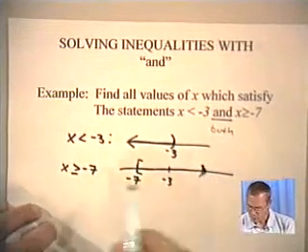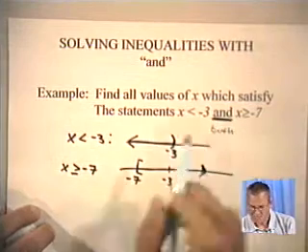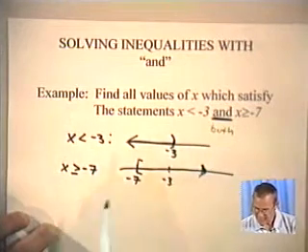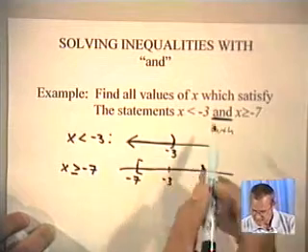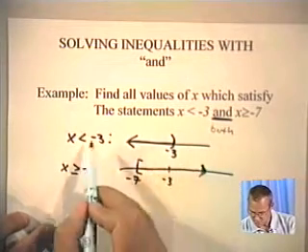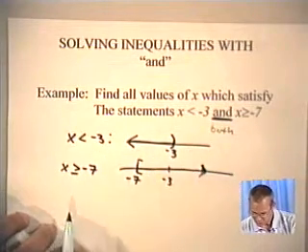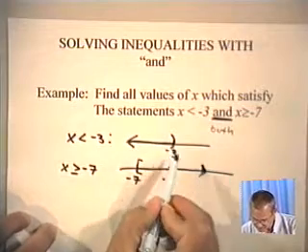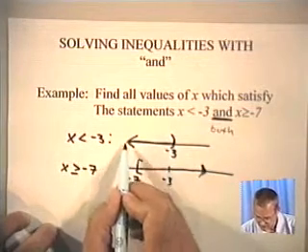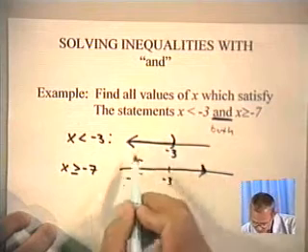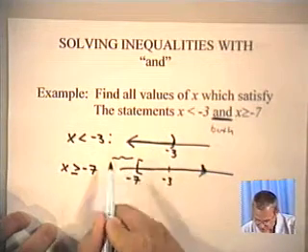Now again, when we see the word "and," it means both. So we have to find an interval such that our interval satisfies both of these at the same time. Well, notice on this interval, negative infinity to negative 3, it does not include any of these points over here.